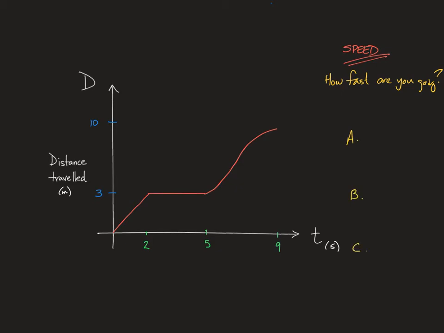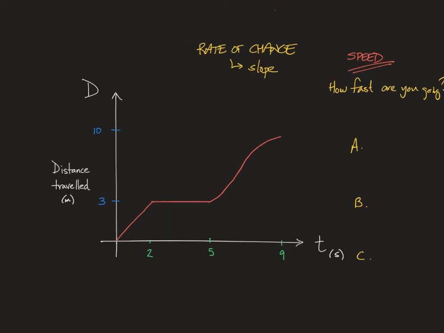The important thing for us to note is when we are talking about speed, what we are talking about is a rate of change. And you know from previous work that when we examine rate of change, what we're really examining is slope. In this instance, what we are looking at is how does our distance change?